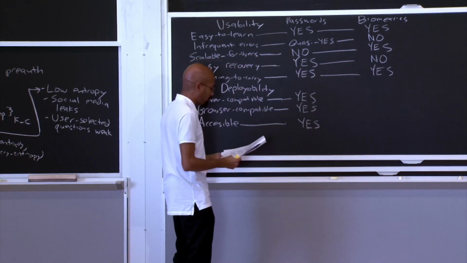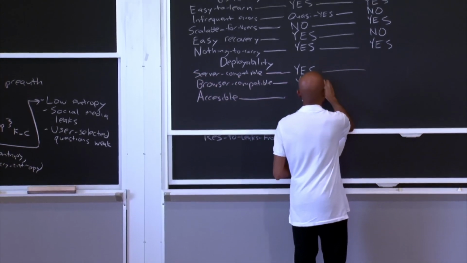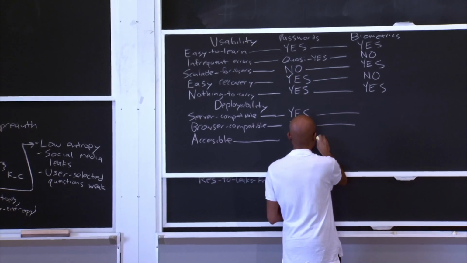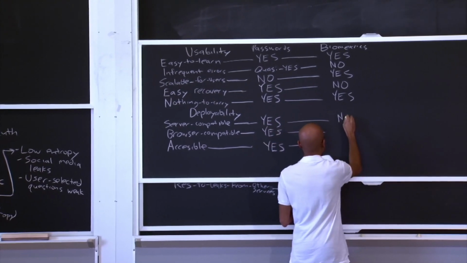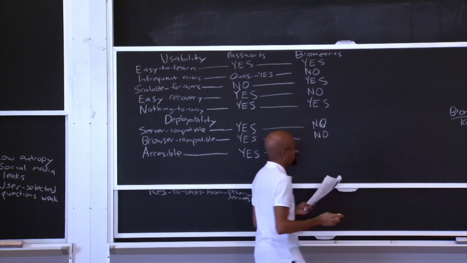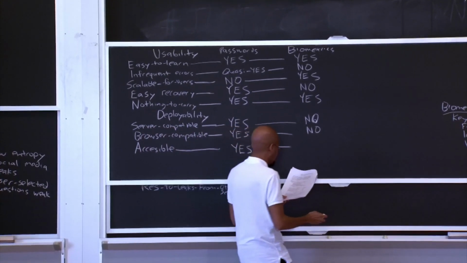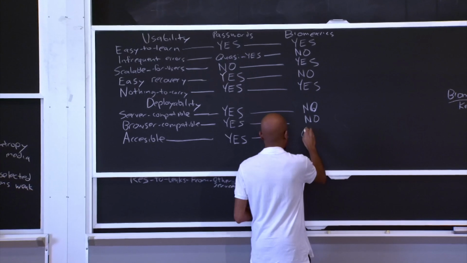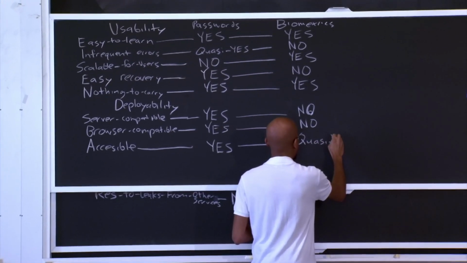Okay, so then what about deployability? For deployability, this is not a big win for biometrics, right? It is not server compatible. It is not browser compatible, because browsers don't have some native API for taking in iris scans or things like that. And in terms of accessibility, the authors say this is a quasi-yes.